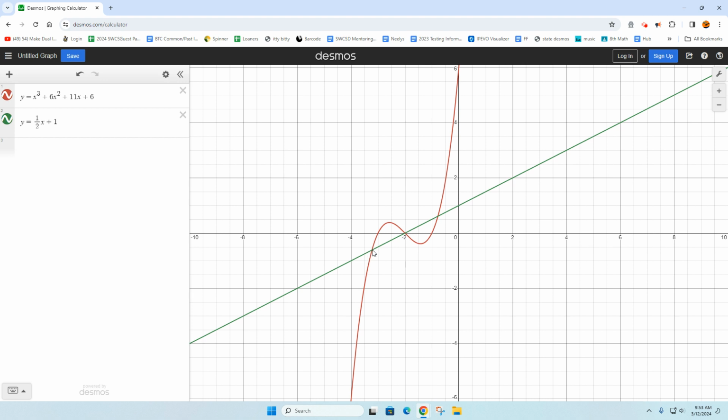Okay. So here's our three solutions. Boom, boom, boom. But if we were way off, you just click on them. They disappear if you hover over them, but I think if you click on them, they stay. X equals negative 3.225. X equals negative 2, and X equals negative 0.775.